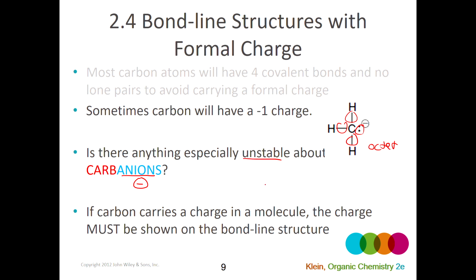Well, as we were saying before when we first talked about formal charges, we said smaller atoms are especially unstable when they have charges. And that is because of the charge imbalance, or the ratio of positive to negative being unbalanced or not close to a 1-to-1 ratio.